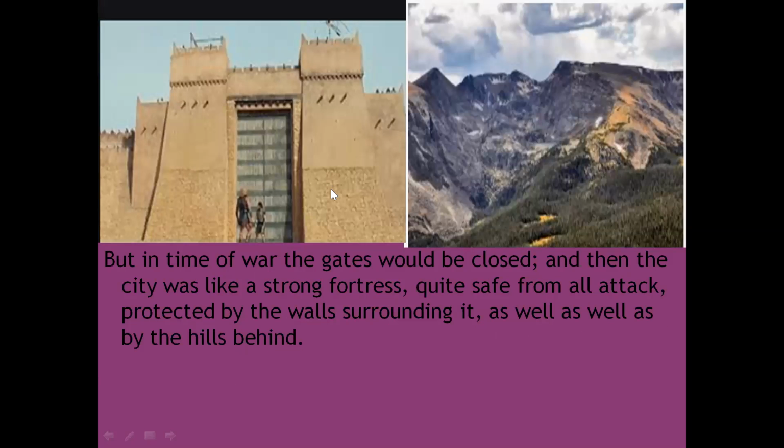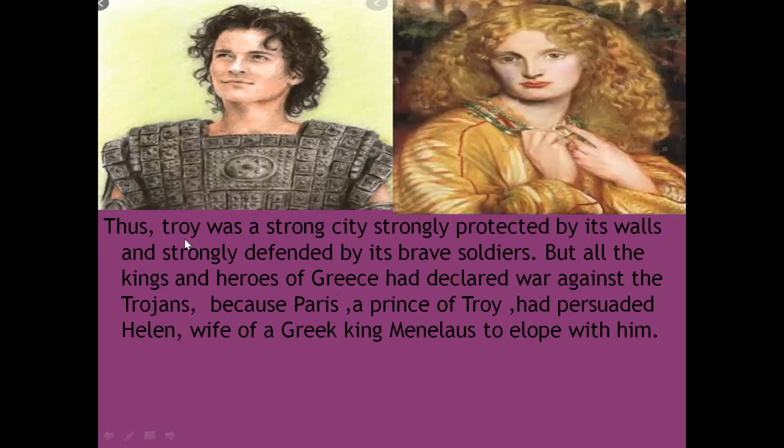Yes, in the time of war, during wartime, the gates were closed and the city was safe from all attacks as the city was protected by these walls and the hills behind. Yes. Thus, Troy was a strong city, strongly protected by its walls and strongly defended by its brave soldiers.